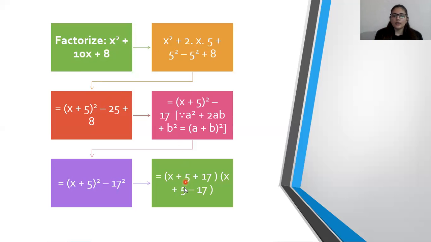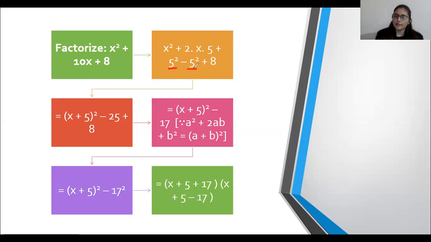Now you can see what we need to do. If I add 5 square and also subtract 5 square, then I can get x plus 5 whole square. My whole square will get completed, right? Then I will be left with negative 25 because of this, and plus 8 is written as it is.